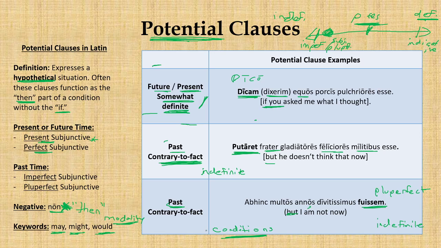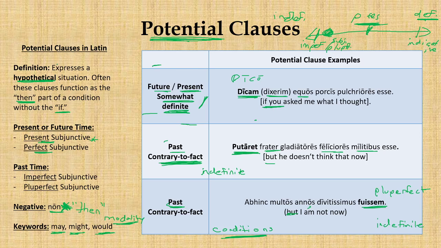But potentials, really I guess the difference, so as not to confuse you, is potentials stand on their own. They don't necessarily need this if part. They don't need anything else. They just represent this independent idea.